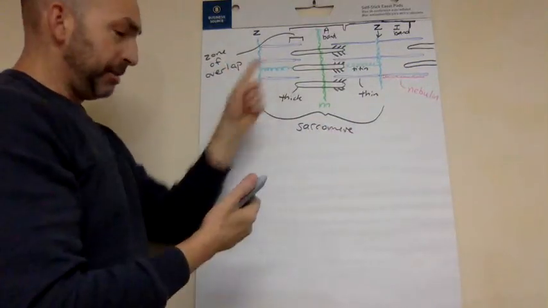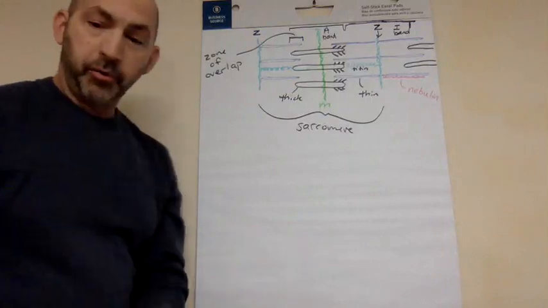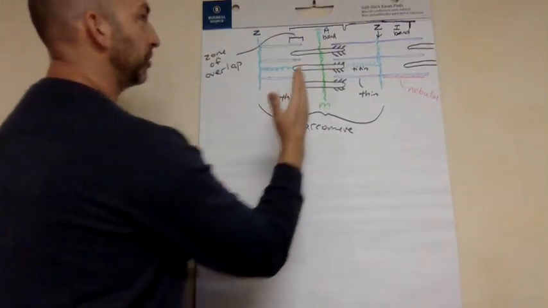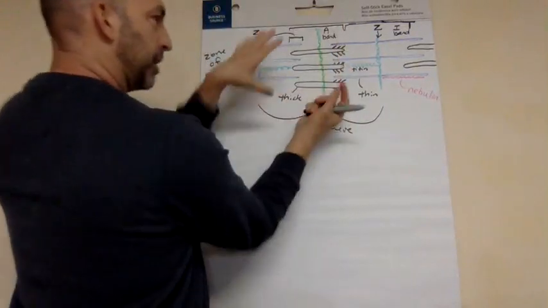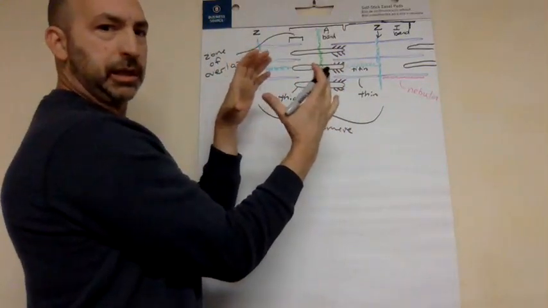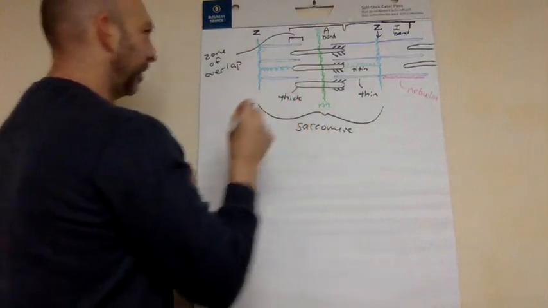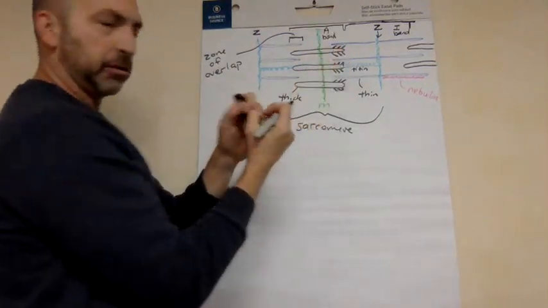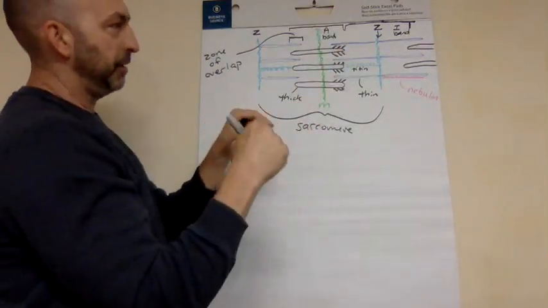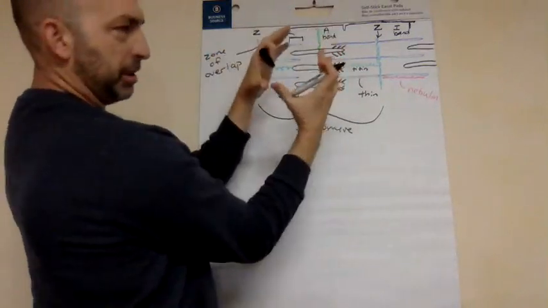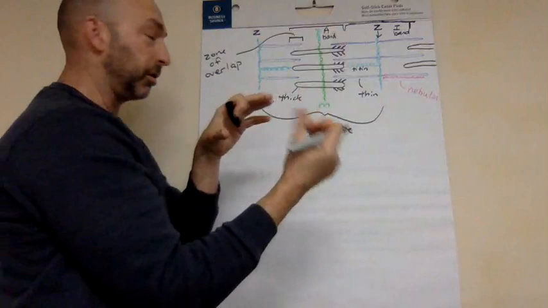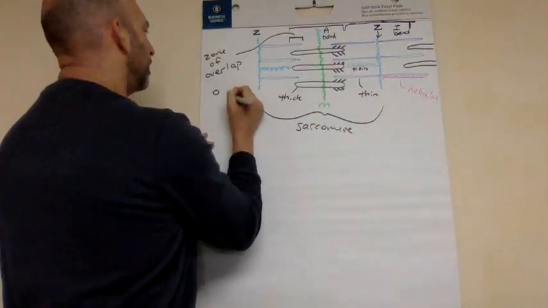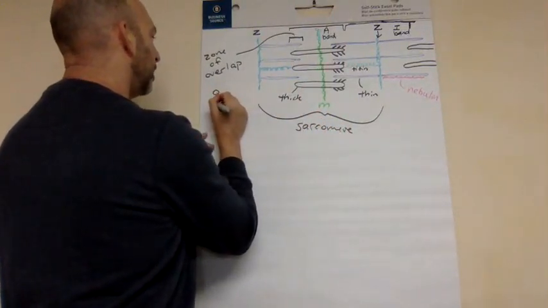Okay, now keep in mind, one thing I wanted to point out is that if we were to cut through this right here at the zone of overlap, and then turn it so that you can see it end on, these filaments will look like little circles, because you're looking at the end of the filaments. If we cut it and turn it so you're looking at the end of it, it would be circular because the myofibrils are circular, and I'll just draw a couple of them.